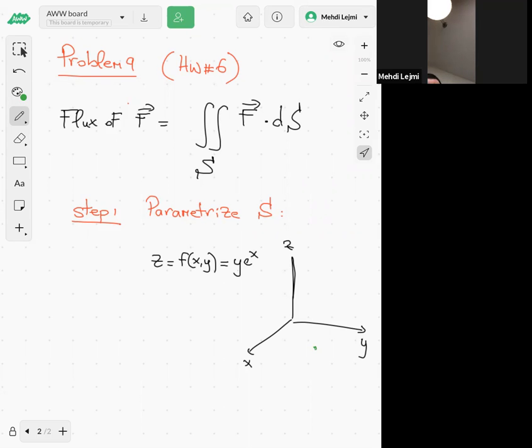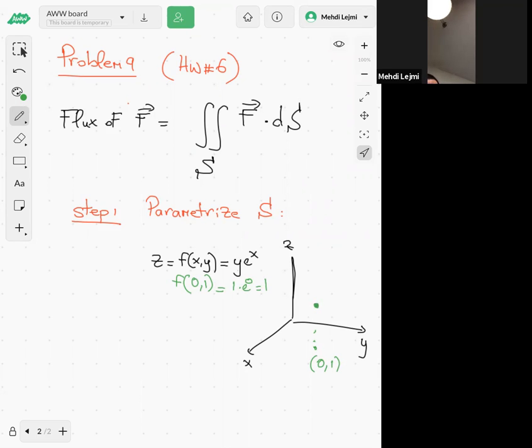Let's take a random point, say the point 0, 1. What will be F of 0, 1? F of 0, 1 is just 1 times e to the 0, that will be equal to 1. So here's the image of 0, 1.